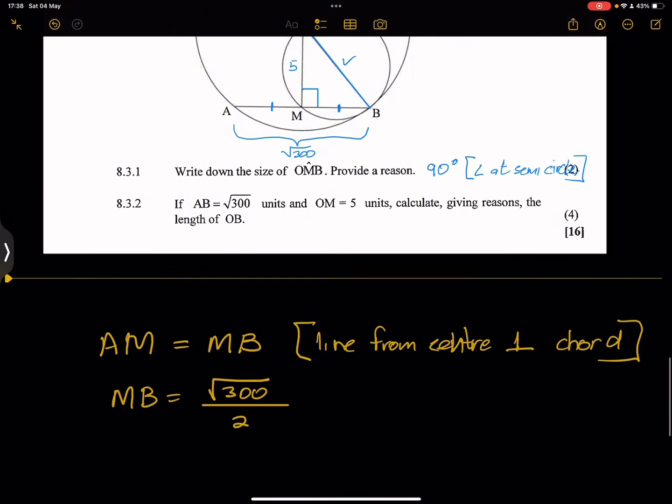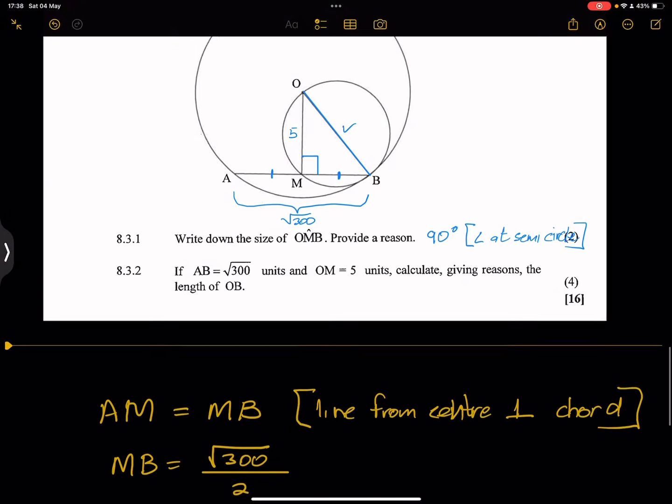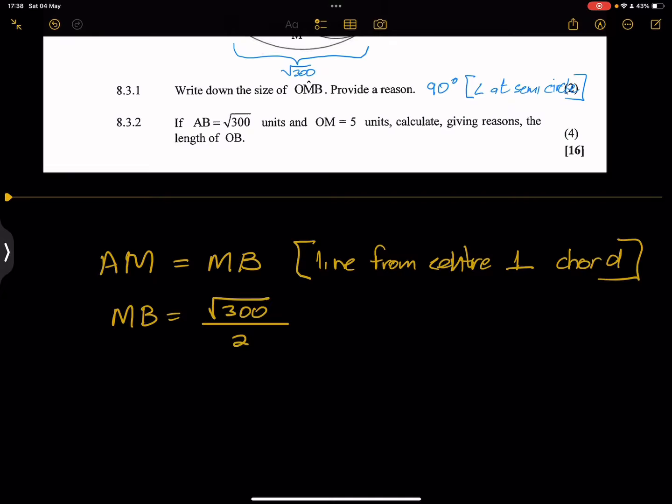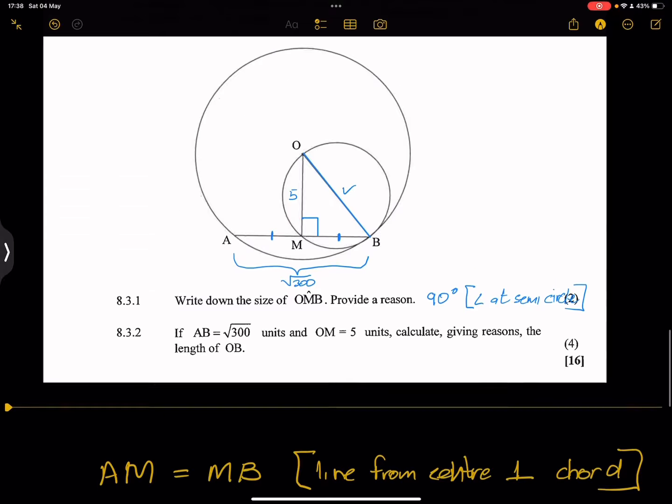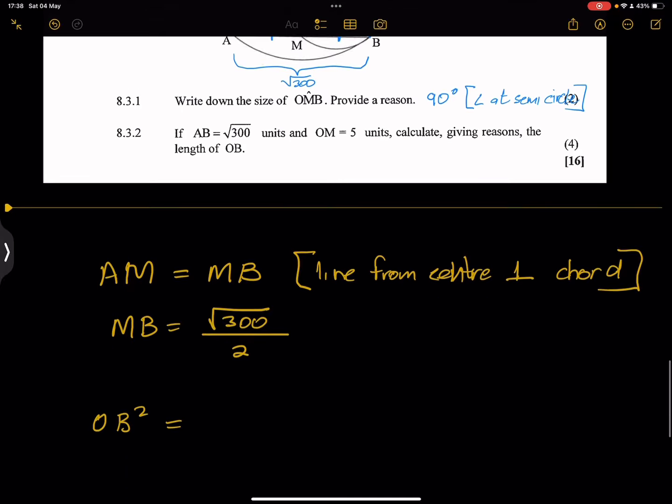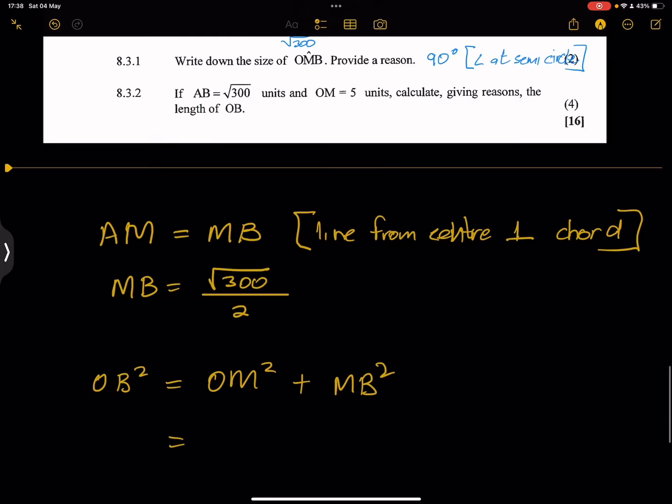So now we are looking for OB. Then we can use Pythagoras and say OB squared is equal to OM squared plus MB squared. I know OM is 5 units. Now we know MB is root of 300 divided by 2, all squared.